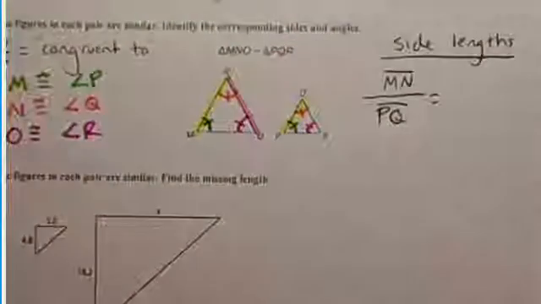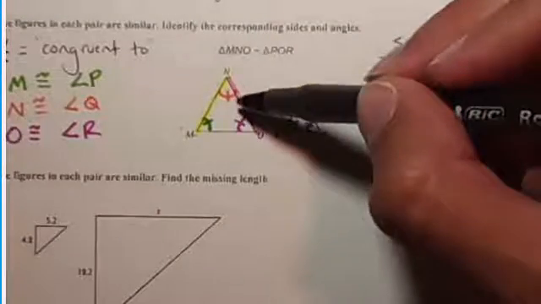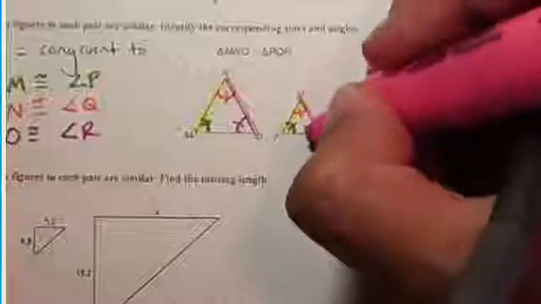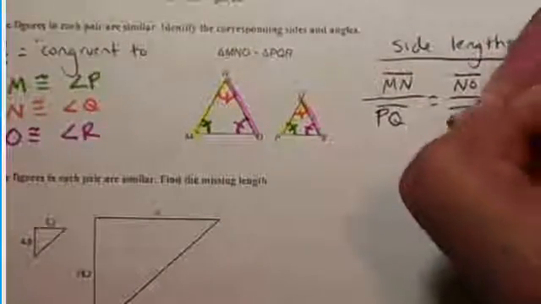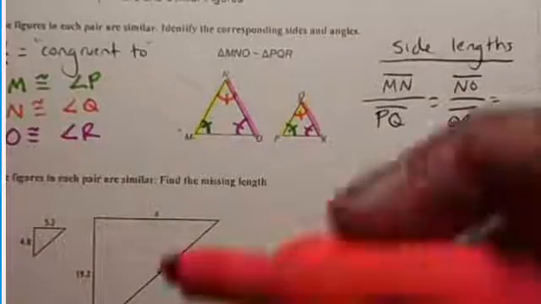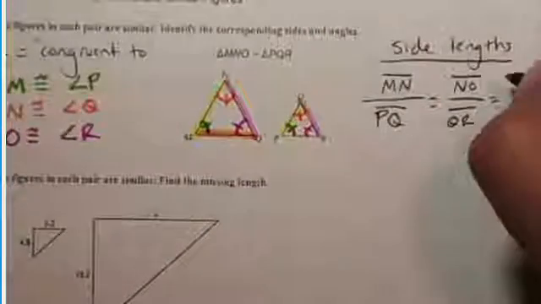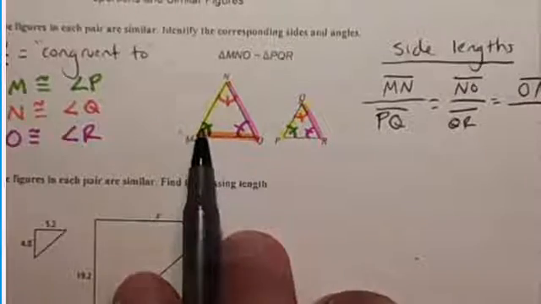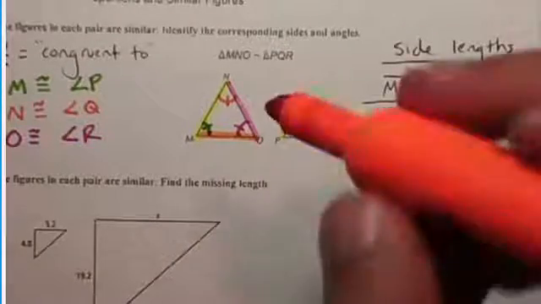Okay, if I do another one, let's do N to O. So I'm going to use my pink highlighter. Line segment N to O, or again, if I look at my angles, go from orange to pink, so orange to pink over here would be Q to R. And then the last one, if I say O to M, I went from my pink angle to my green angle, so I'd have to go pink to green here.